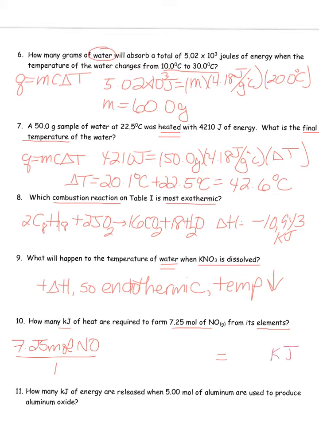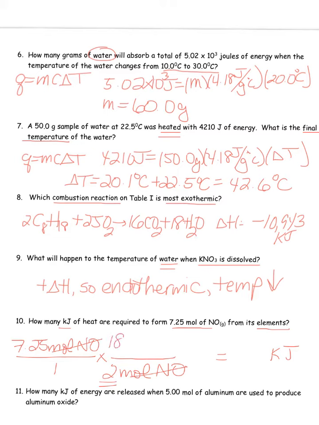So the next step would be to access table I for the reaction that is forming or synthesizing NO from its elements. When you go to table I, you're going to see that reaction. And in front of the NO in that reaction, you will see a coefficient of 2. That coefficient has to be what we use with our moles of NO to get those two to cancel.